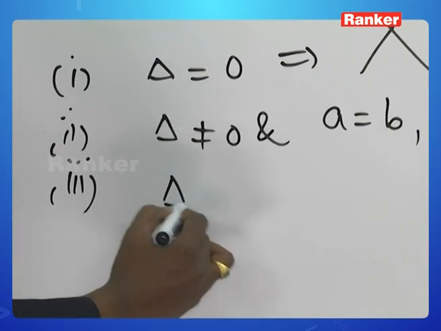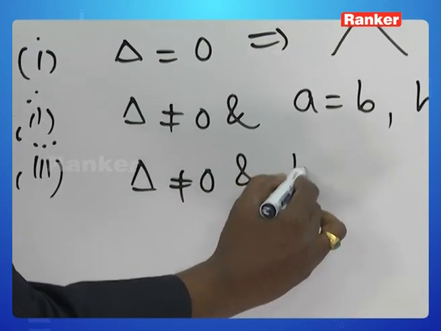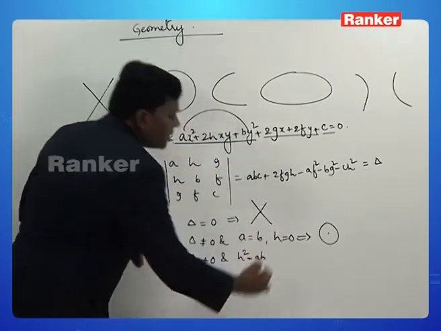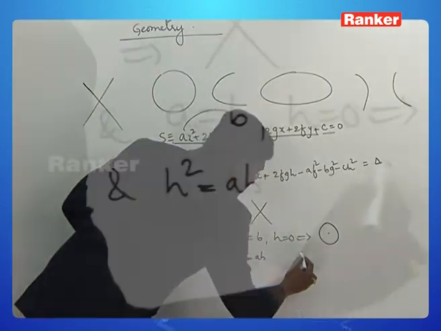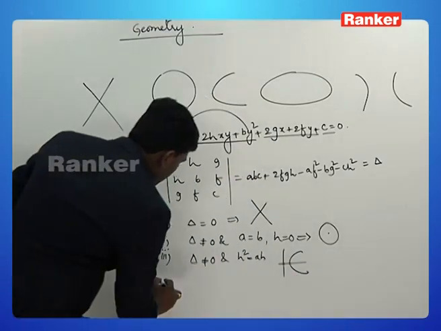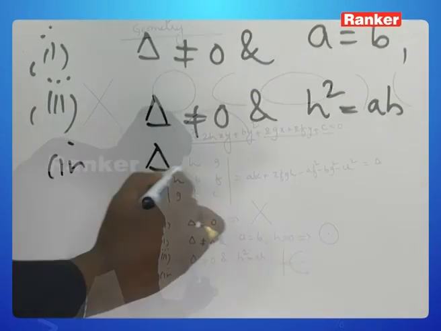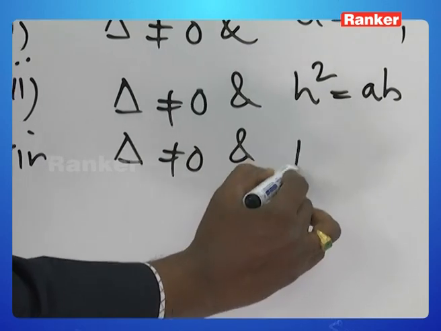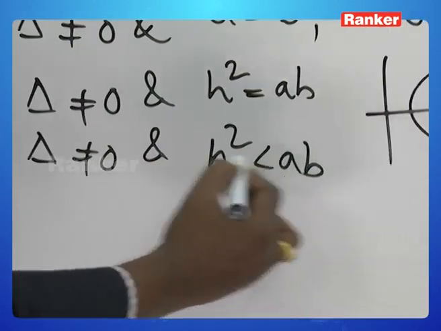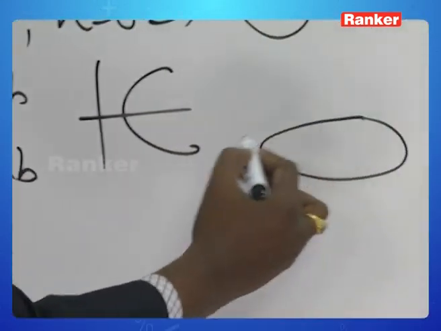Next one, delta not equal to 0 and h square equals AB. It represents a parabola. Next, delta not equal to 0 and h square less than AB, it represents an ellipse.